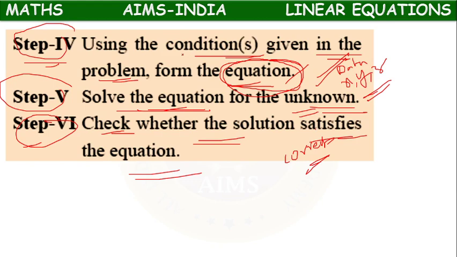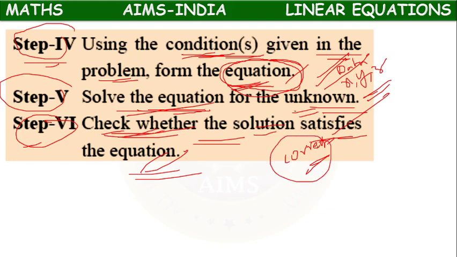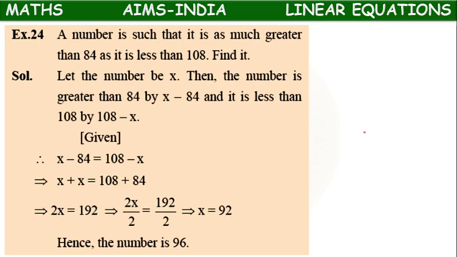Next, using the conditions given, we have to form one equation. Next, we have to solve the equation for the unknown value. We will get the solution, and we have to check whether it satisfies the equation or not. If it satisfies, then our solution is correct. By this, we can apply linear equations to practical problems.